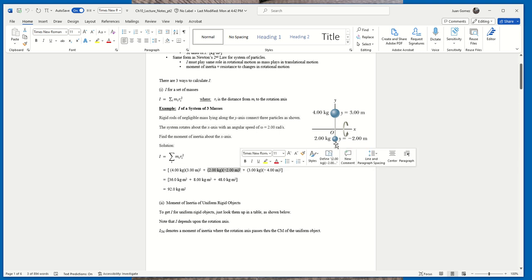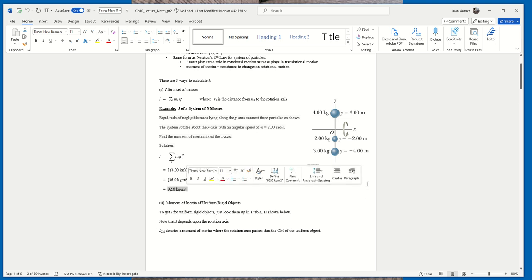Notice it doesn't matter that m_2 is a distance of -2 from the rotation axis because it's squared. Moment of inertia can never be negative. Likewise, m_3 r_3 squared. So nothing complicated. In the brackets you get this sum, you add it up, and you get 92 kilogram meter squared.